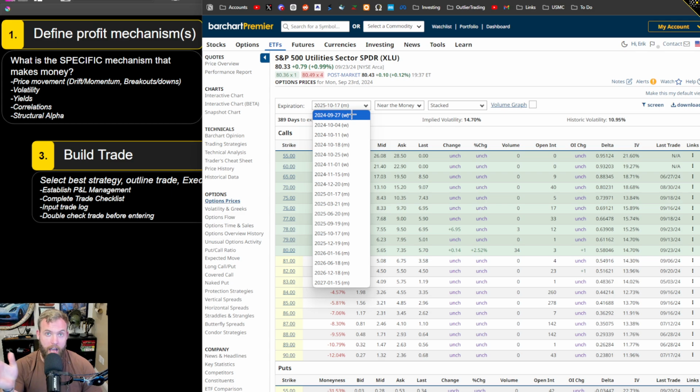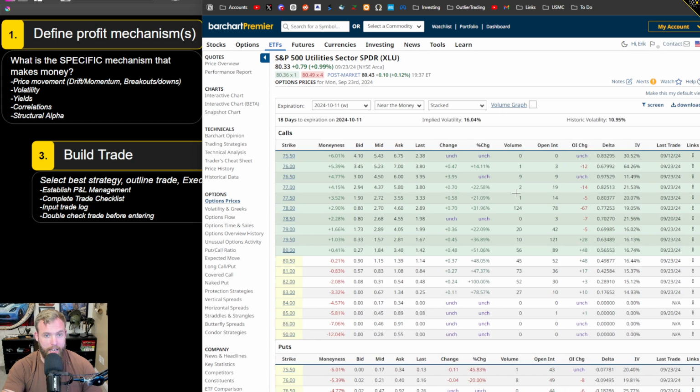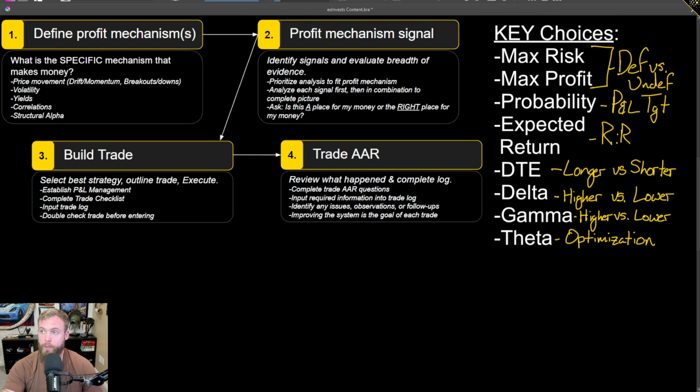But as you get closer to expiration, what do we know about gamma? Gamma gets higher. So if I'm selling options, I have to think about which of those trade-offs makes the most sense for my position.